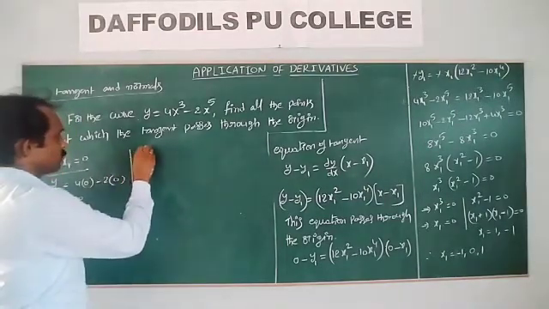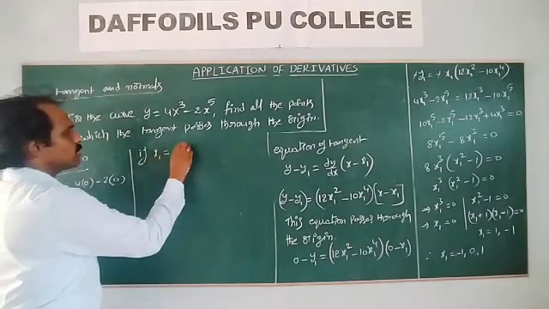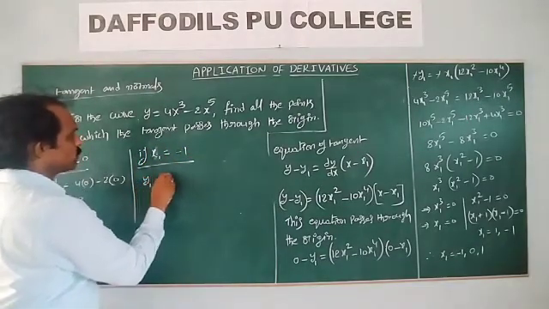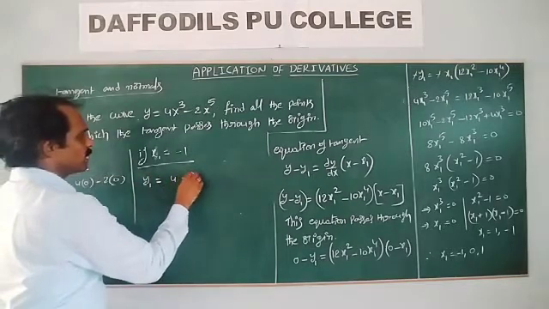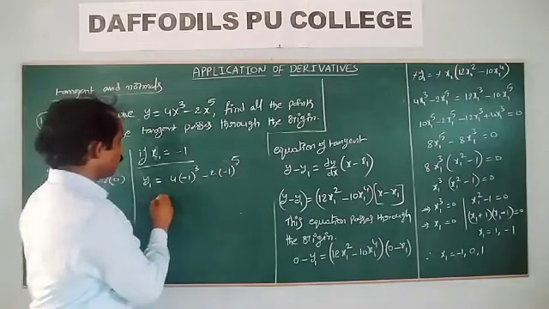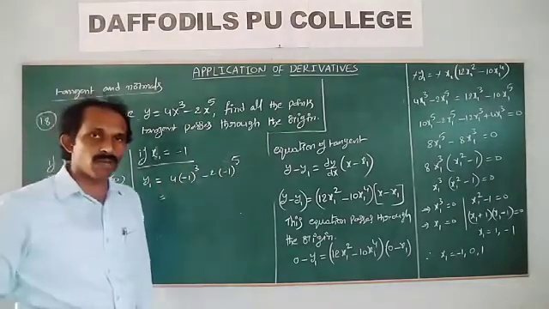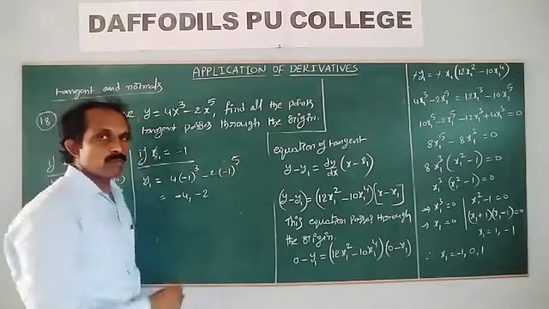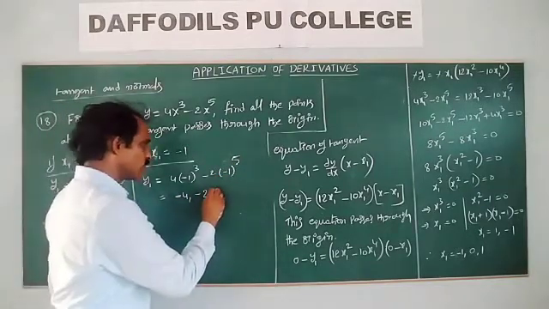Next, if x1 is equal to minus 1, y1 is equal to 4 times minus 1 whole cube minus 2 times minus 1 whole power 5.